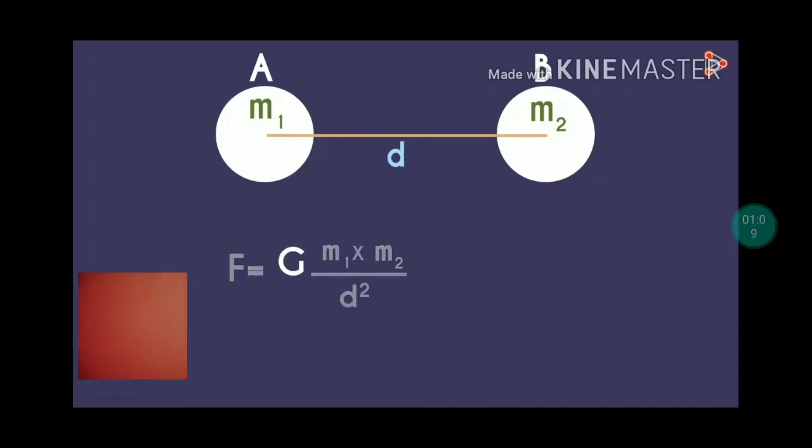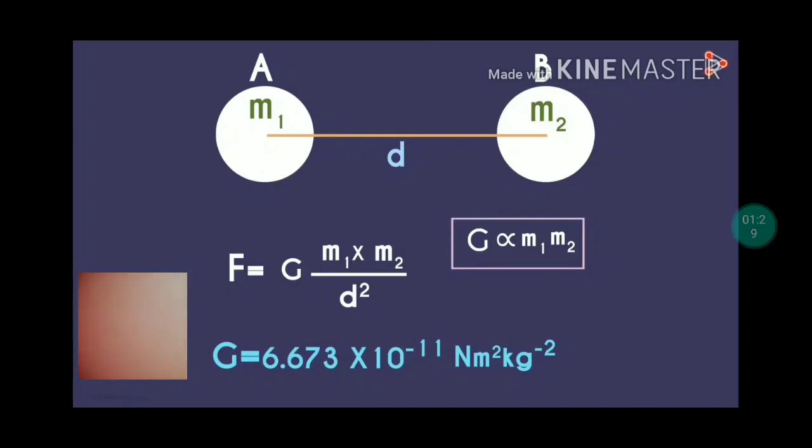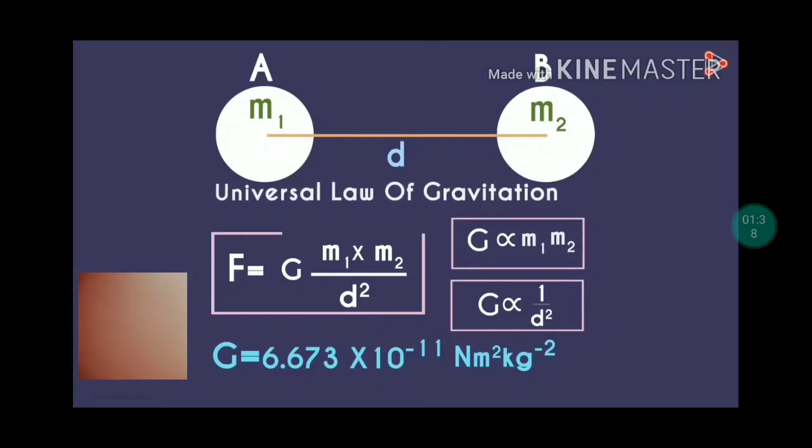Uppercase G here is called the universal gravitational constant, and its value is approximately 6.673 times 10 raised to negative 11 Newton meter squared per kilogram squared. The gravitational force is directly proportional to the product of the masses and inversely proportional to the square of the distance between them. This is the universal law of gravitation.